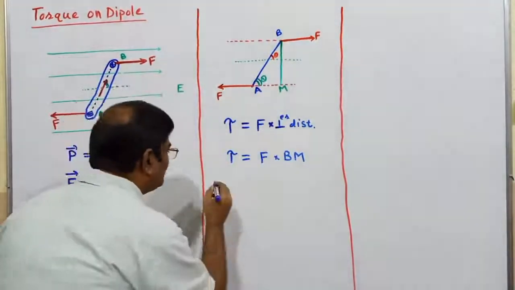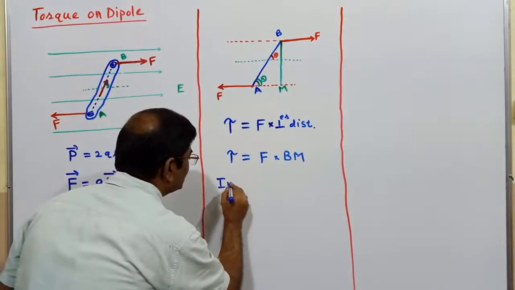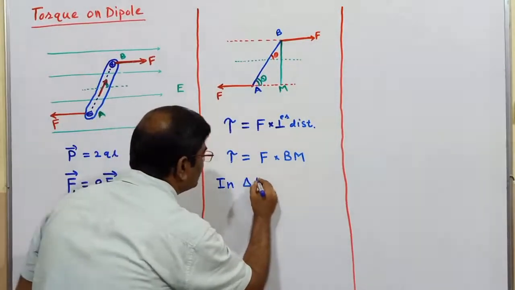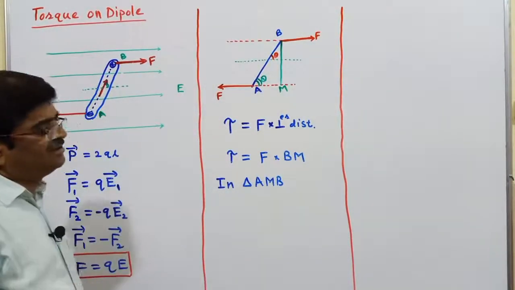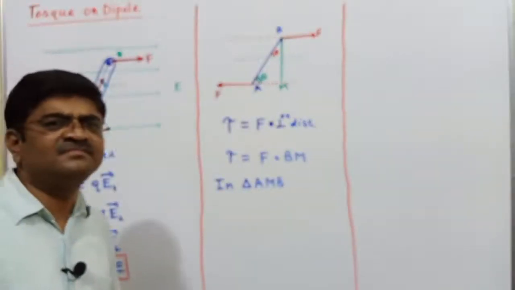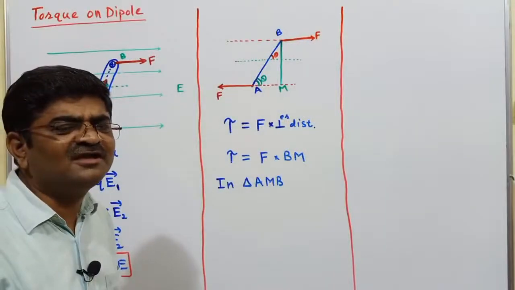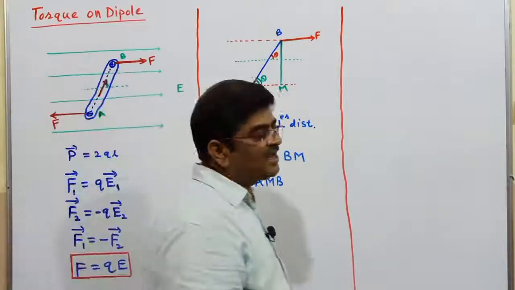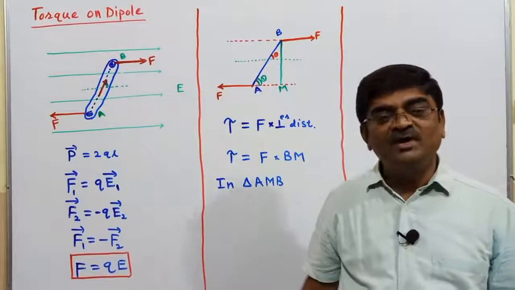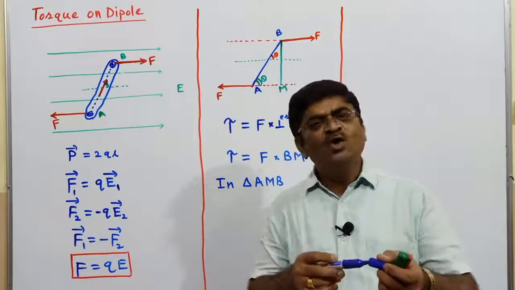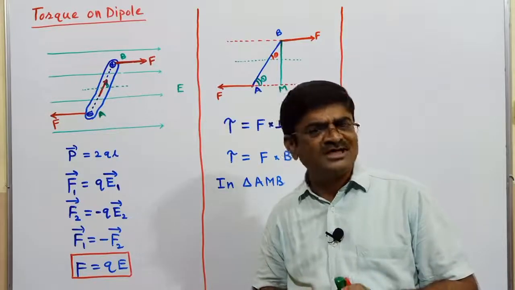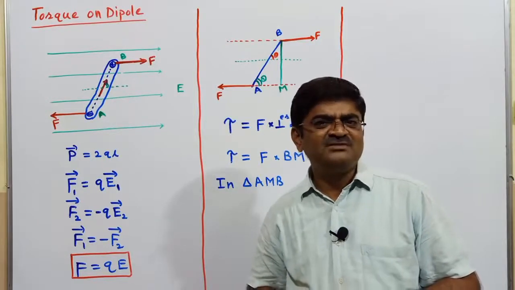AMB. Right angle triangle AMB. Understand? My need is BM. Known is AB. So accordingly, I will think of an appropriate trigonometric ratio which will help me for the task.